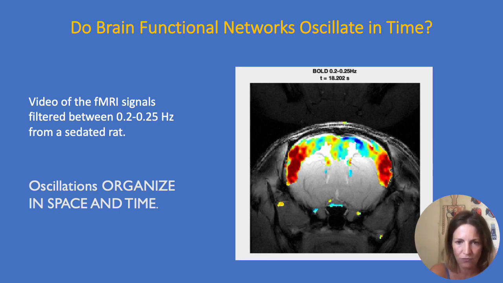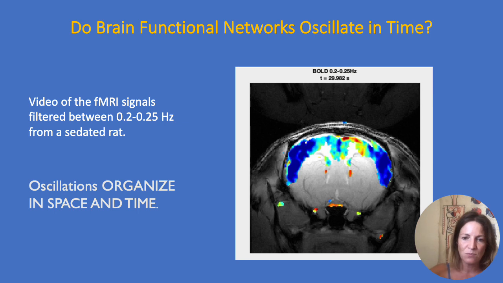For instance, if you focus there on the lateral sides, you see that consistently it turns blue, which means there's a negative signal, then it turns red, means it's positive with respect to the mean signal. And then it's again red, and then it's again blue, so there's a sustained periodicity.